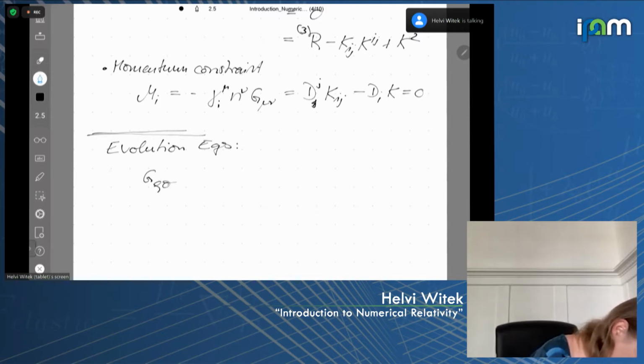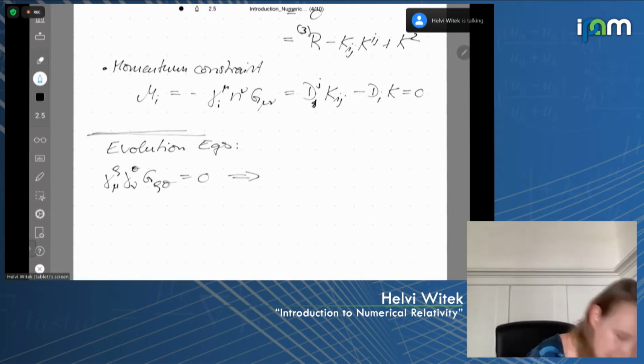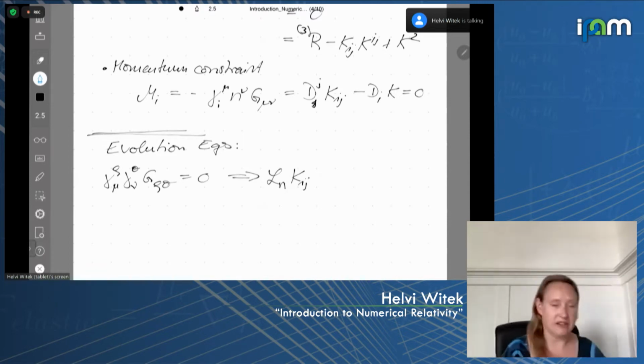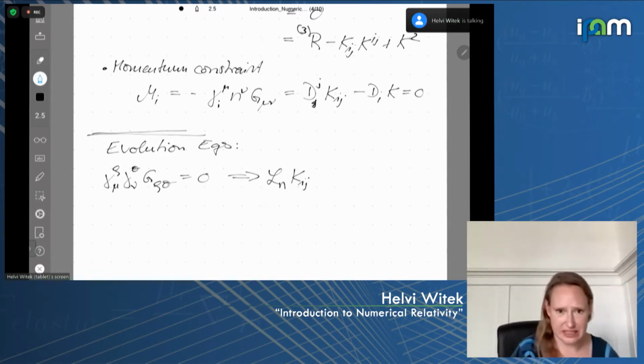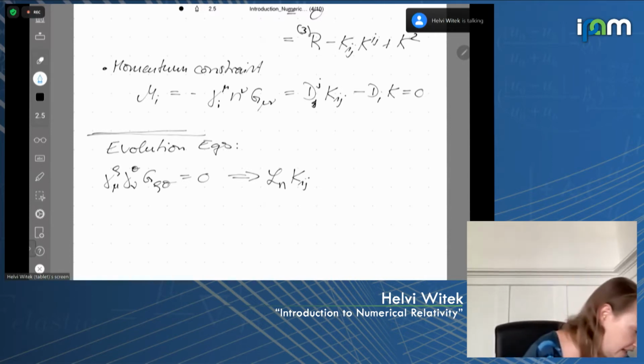So we take rho and sigma here, and then I'm projecting both indices with our projection operator equals to 0, and that will give us an expression for the Lie derivative of the extrinsic curvature Kij along the normal vector. And if I rewrite the expressions that I get, I will end up with the following.